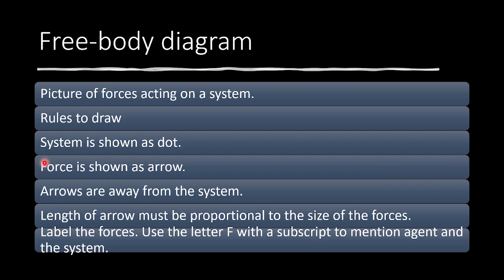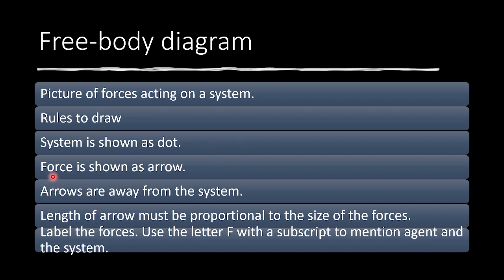Here are the rules. Number one is, in your free body diagram, your system must be a dot. You have to make a dot to show the system. Example, if you are pushing a chair and you need to make the free body diagram of this pushing of chair, the chair must be a system and that is shown as a dot only.